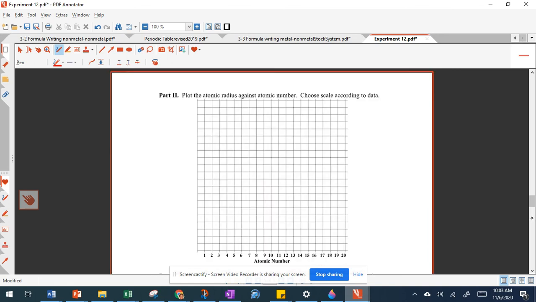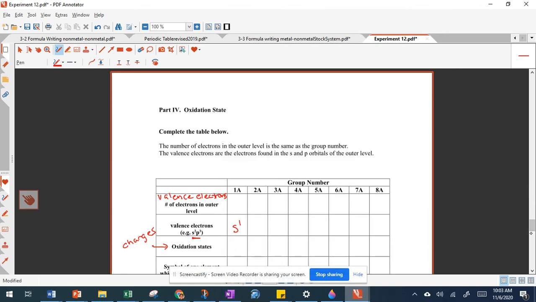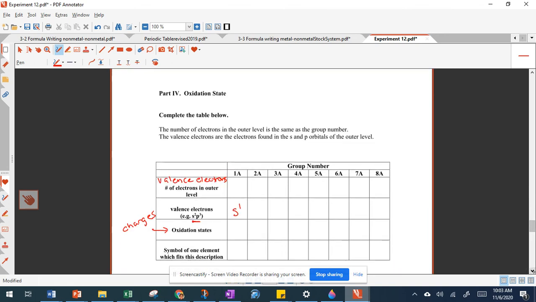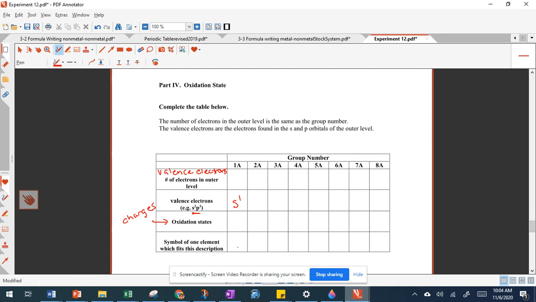So if you look at, for example, group 1, we know that lithium and all those elements have a +1 charge. And then for the symbol for one element which fits this description, I want you to look at what you've written down and make sure the element that you write down fits that description. In this case, that could be really any element for group 1. So I'm just going to put down lithium since that's what we were talking about. So that's how you do this.